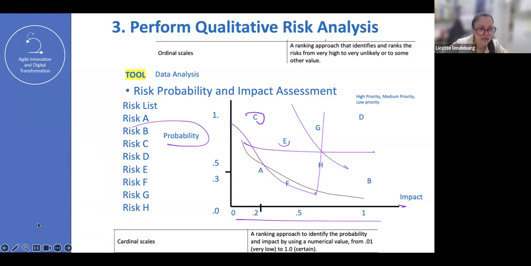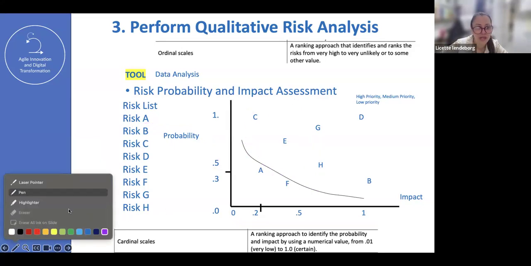So you can finish the meeting. Now you can move forward as a project manager and reorganize the list based on lows, mediums, and highs: high priority, medium priority, low priority. These ones here, A and F, have very low probability and very low impact.